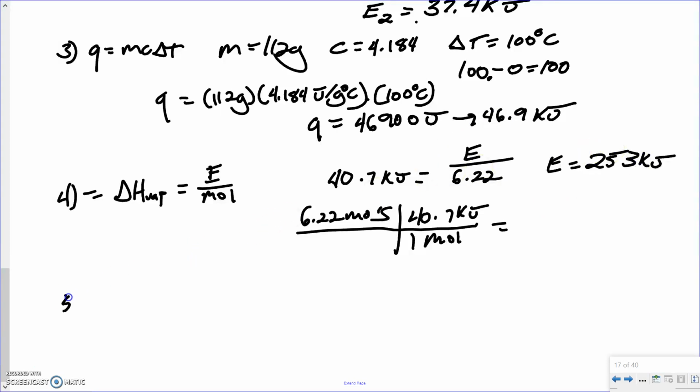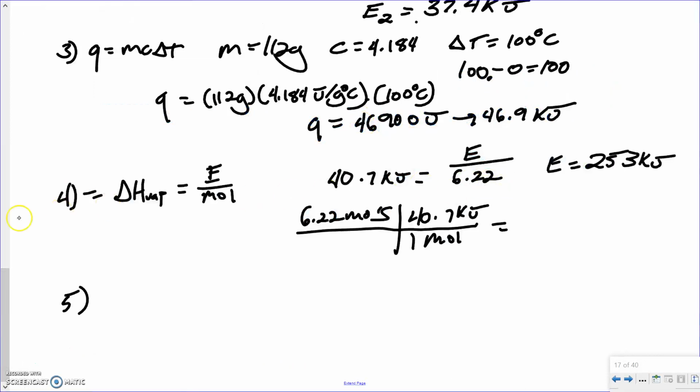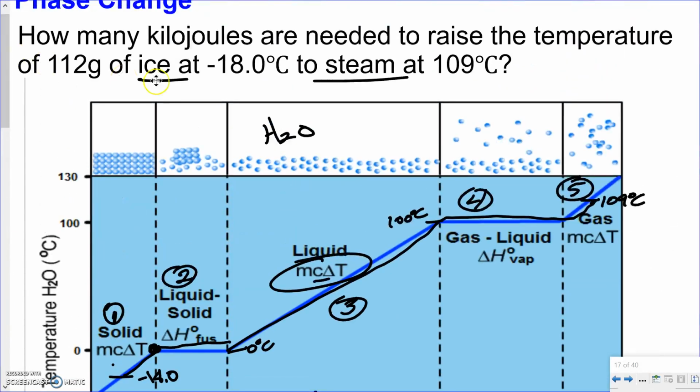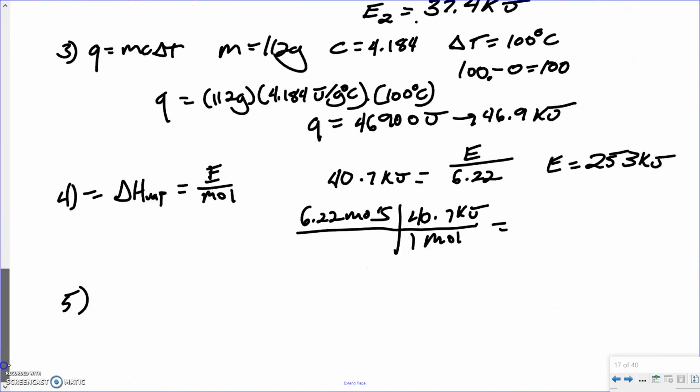Okay, last step. We go back up to our phase change diagram. Whoop, our heating curve, sorry, not phase change diagram. We'll talk about phase change diagrams here shortly. Heating curve is going from 100 to 109, and again dealing with our MC delta T. So scroll all the way down. Q equals MC delta T. M is still 112 grams.